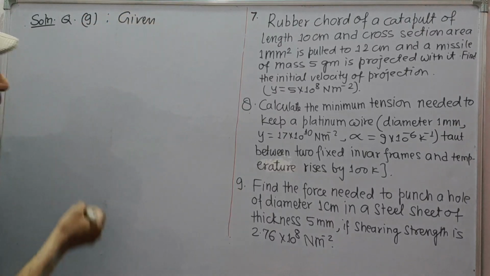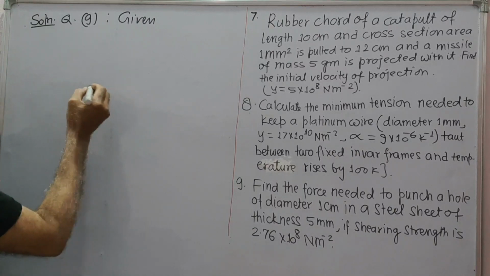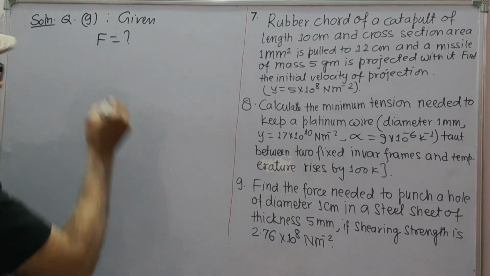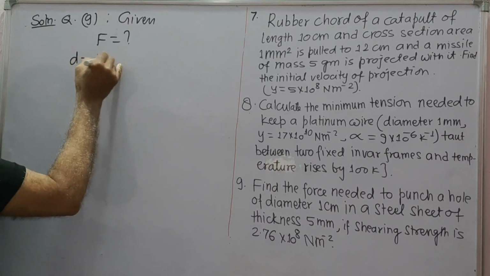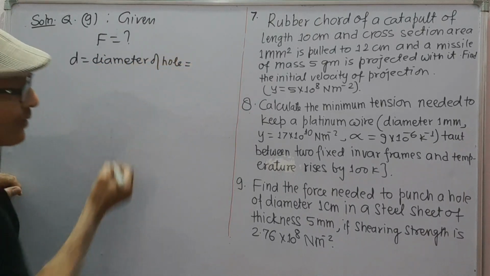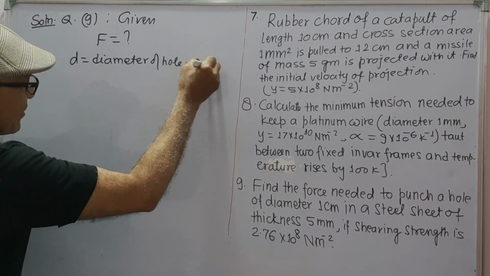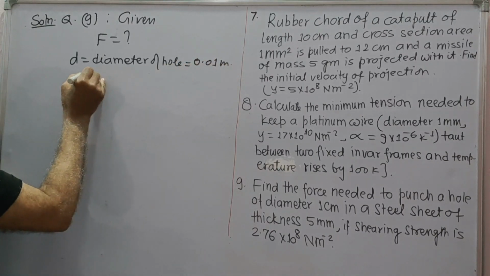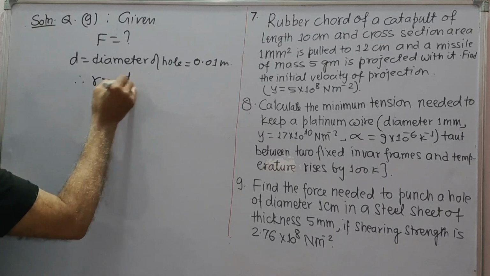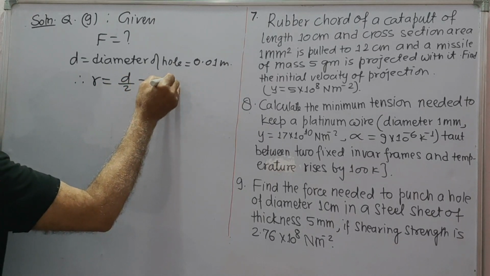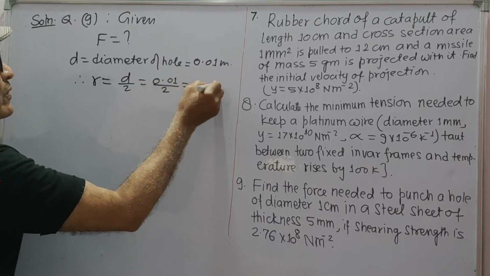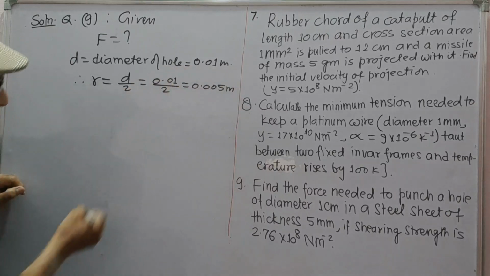Given. We have to find the force needed to make a hole. D is the diameter of hole, 1 cm, 0.01 meter. Therefore, radius will be equal to d by 2, 0.01 upon 2 is 0.005 meter.